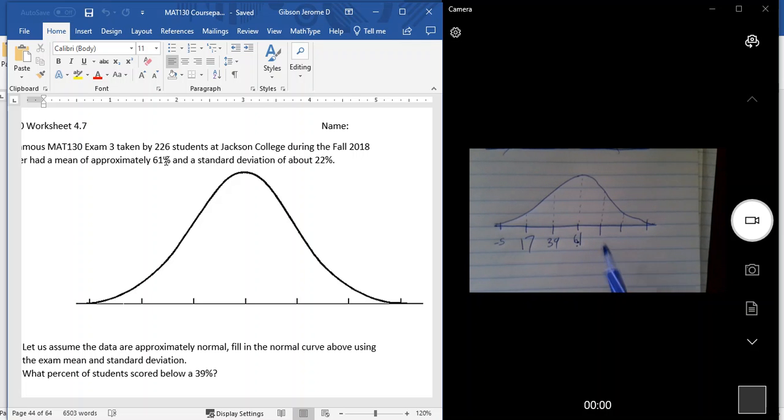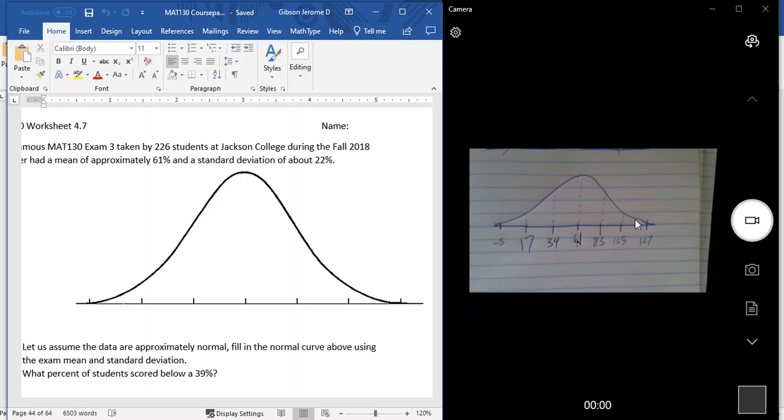Now we come here, we add 22%, that'll be 83. Add another 22%, that'll be 105, and another 22%, which would be 127. So this is actually off here, but that's fine. Okay, so we have our percentages here.